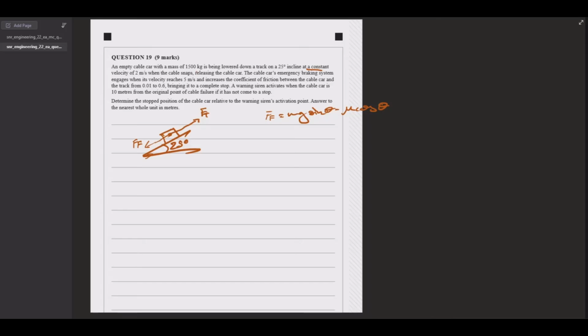Means that in this initial scenario, before the cable snaps, FF is going to be equal to F of t. So what we're looking for first of all is we need to find the acceleration when the cable snaps, and that acceleration is just going to be FF. So 1500 times 9.8 sine of 25 degrees minus mu cos. What's the friction here? So the initial friction of the track is 0.01. So this is going to be almost negligible.